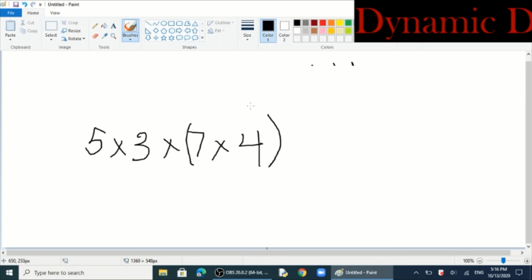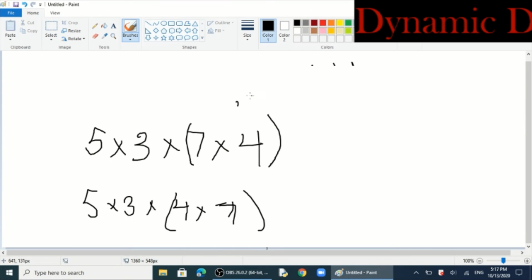Obviously, multiplying 7 times 4 and then times 3 times 5 will be a little bit hard. But I can switch it so I can get 7 times 5 or 7 times 4, or 4 times 5, sorry. So what I could do is first swap these two in the bracket. So it becomes 5 times 3 times 4 times 7. Okay? Still the same thing.